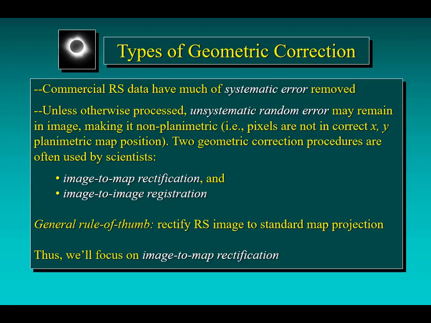But anyway, if we were to remove these errors ourselves, a couple of geometric correction procedures that are often used by scientists for Earth resource remote sensing include image-to-map rectification as well as image-to-image registration. And as a general heuristic or rule of thumb, one would typically want to rectify remotely sensed imagery to some sort of a standard map projection. So for a lot of serious remote sensing scientific studies, one would often want to perform an image to map rectification. So we'll be focusing on that in the subsequent discussion.